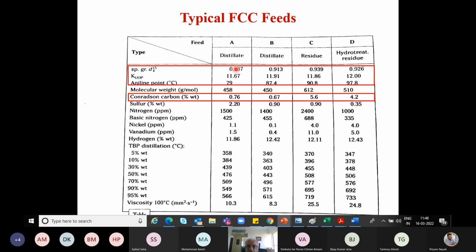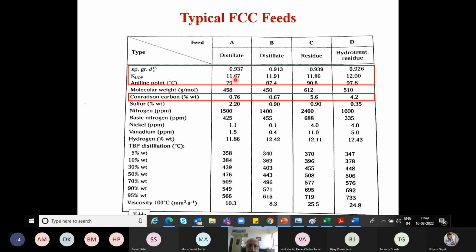The lower the density and the higher the UOPK, the better the feed is in terms of its crackability in the FCC. In other words, the lower the density, the more the hydrogen to carbon ratio, right? And the higher the UOPK, the more the hydrogen to carbon ratio. So higher hydrogen to carbon ratio, in other words, more paraffinic material, is ideal for cracking in FCC.